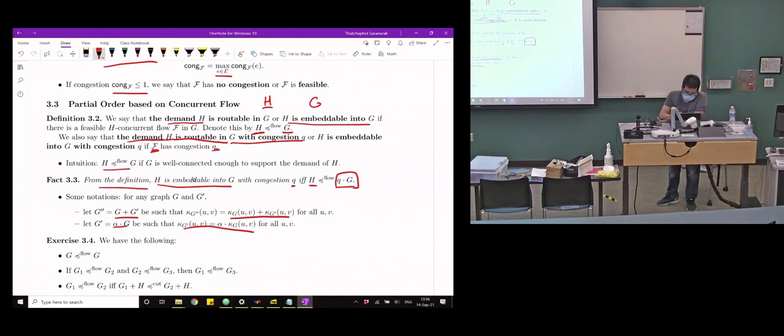But you can see that if H is embeddable into G with congestion Q, and you scale up the capacity of G by Q, then it's embeddable with no congestion.